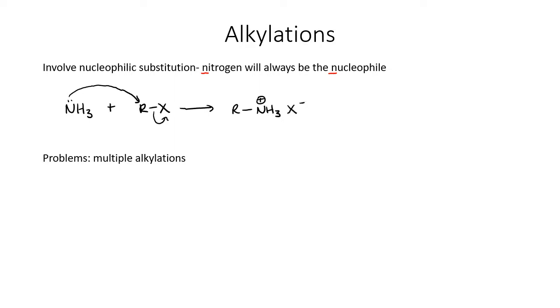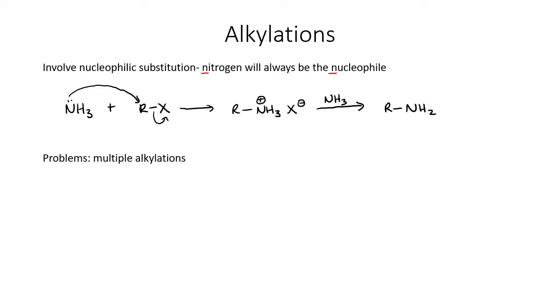We form an intermediate with charges, and then in the presence of a base, which ammonia is, another ammonia molecule can remove the extra H from the N, restore it to neutral to form a primary amine.